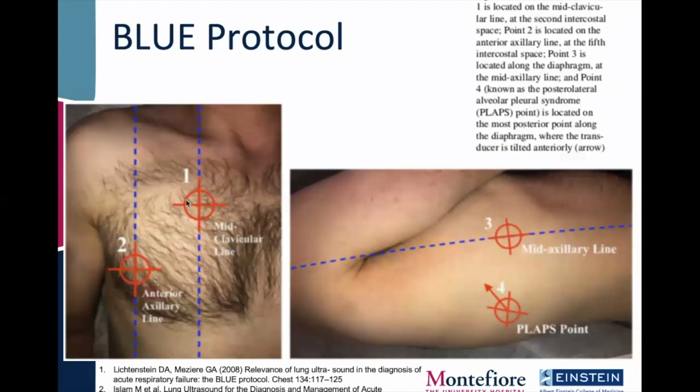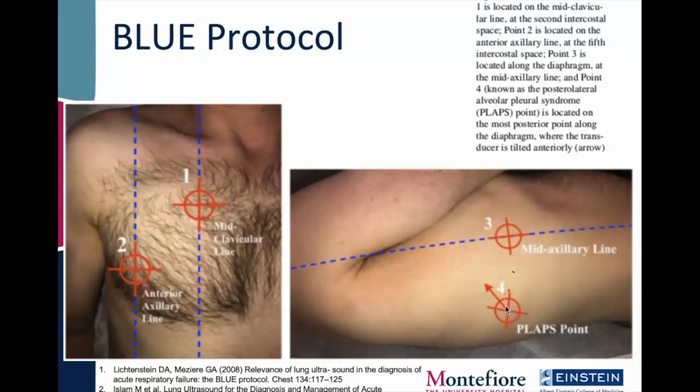So point 1 is at the mid-clavicular line of the second intercostal space. Point 2 is the anterior axillary line, right along the 5th intercostal space. Point 3 is along the mid-axillary line. And point 4, which Lichtenstein termed the PLAPS point, PLAPS standing for posterior lateral alveolar pleural syndrome point, is located in the posterior diaphragm.